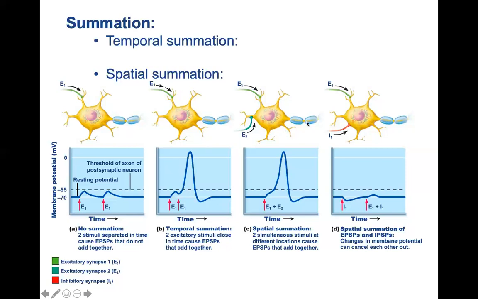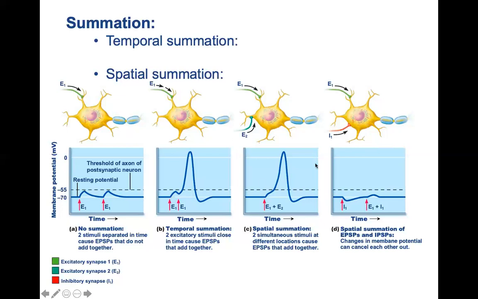However, what if I have a spatial summation, but it's two forces working against each other? If you have excitatory and inhibitory working against each other, what I've described before. For instance, you have sodium potassium channels depolarizing, and at the same time you have your chloride channel hyperpolarizing.